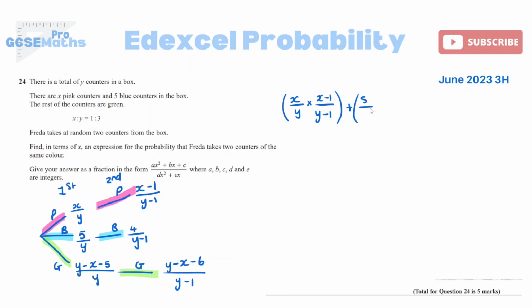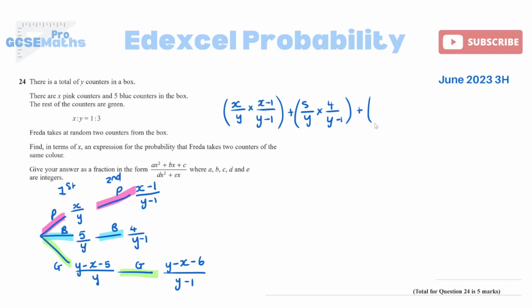Blue is 5 over y multiplied by 4 over y minus 1. Plus the final option is obviously both green. For green, y minus x minus 5 over y times y minus x minus 6 over y minus 1. Now, this doesn't equal to anything because in this case they haven't told us a probability.